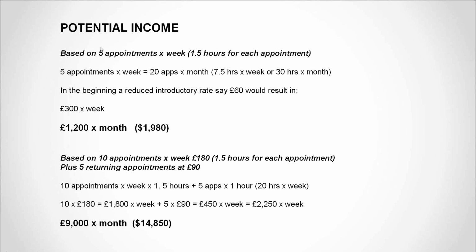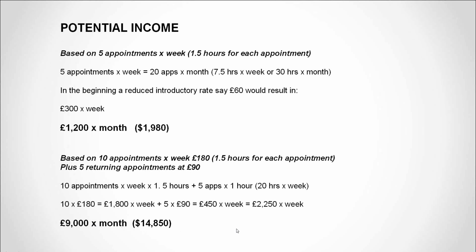And the potential income based on 5 appointments a week at 1.5 hours each appointment. In the beginning, charging £60 would result in £300 a week, or £1,200 a month, which is £1,980, up to the full potential, which is 10 appointments a week at £180, which would be £9,000 a month, which is $14,850.